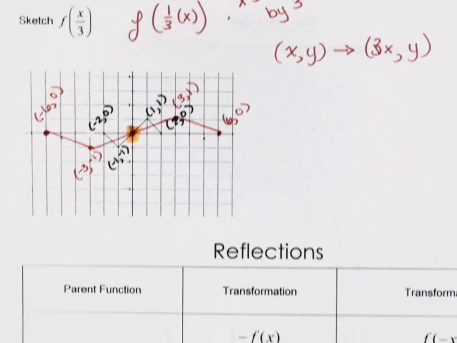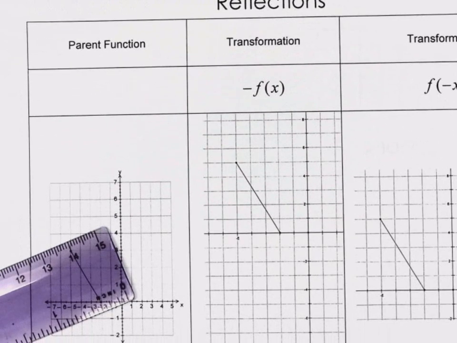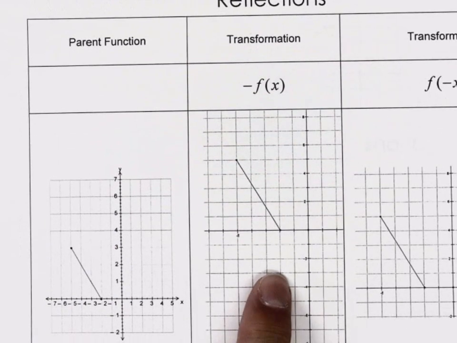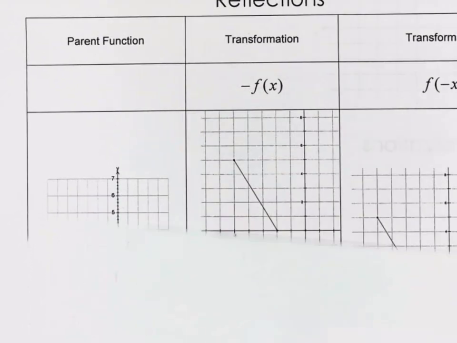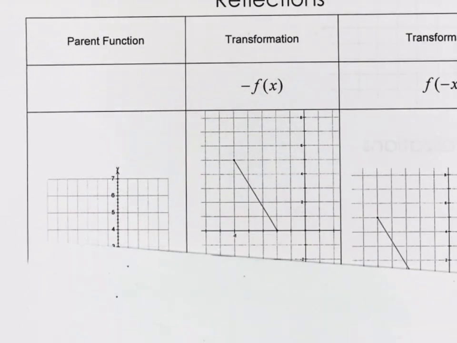Okay, reflections. We did a ton of these last year, when we take the y and we flip it. We totally did do horizontal stretches. Did we just do the a variable?